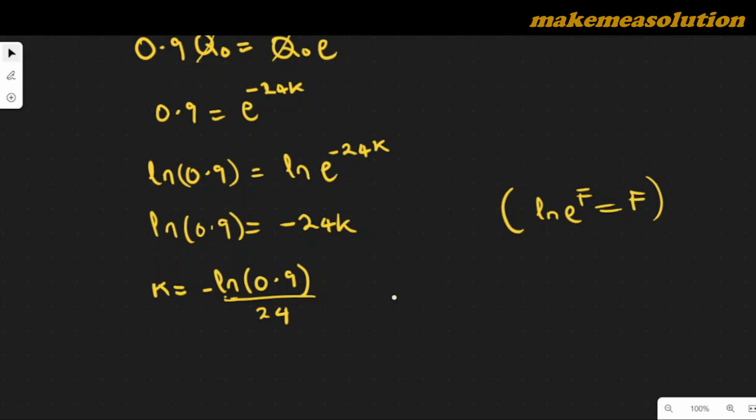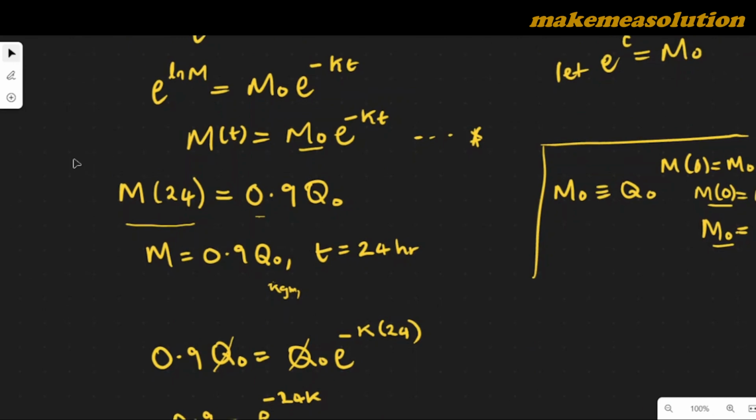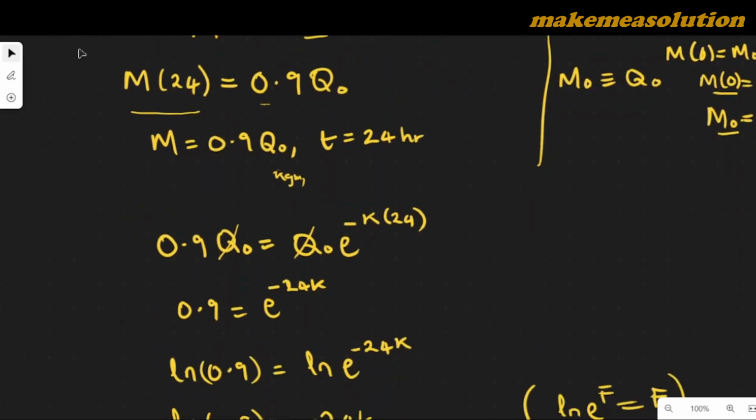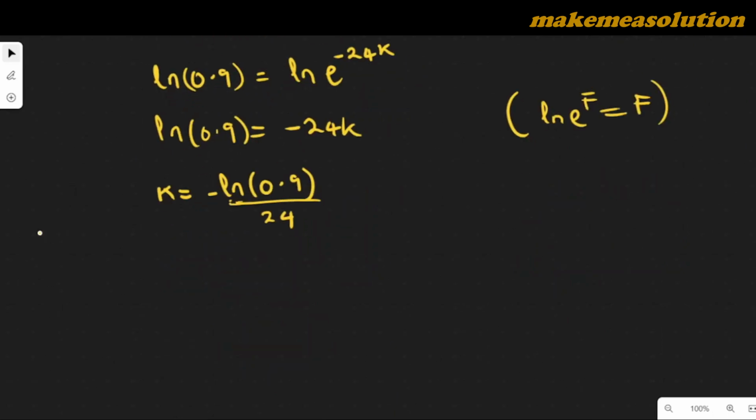Putting it back into our main equation over here. This is our main model, the one marked with an asterisk. Let me write it here: m of t is equal to Q naught exponential minus kt. So this is the model and this is the value we got for k. I want to express k in a more suitable form.